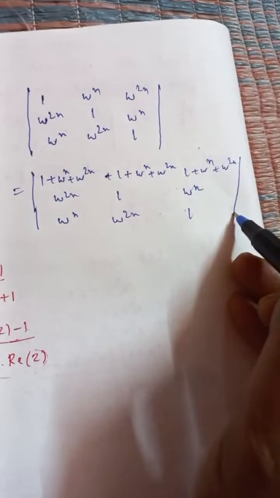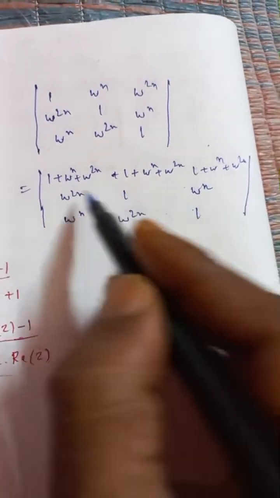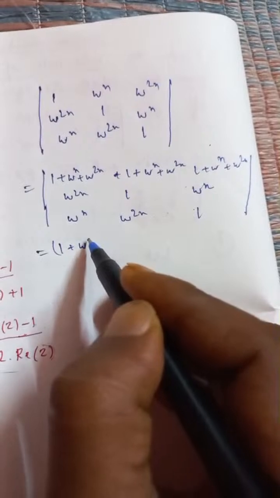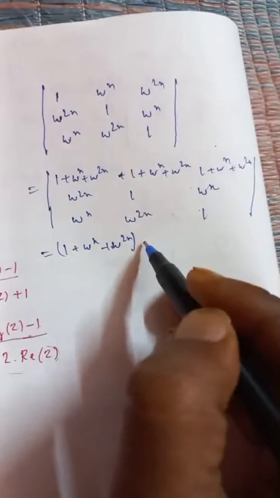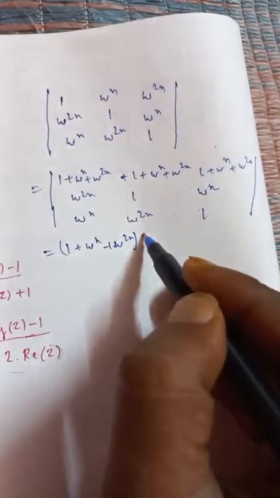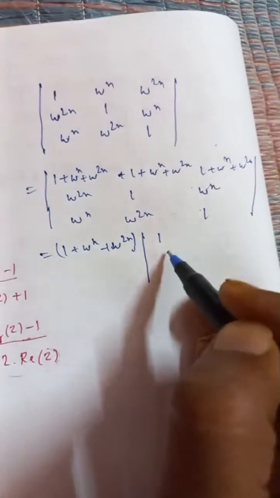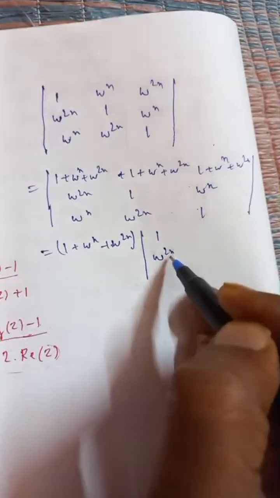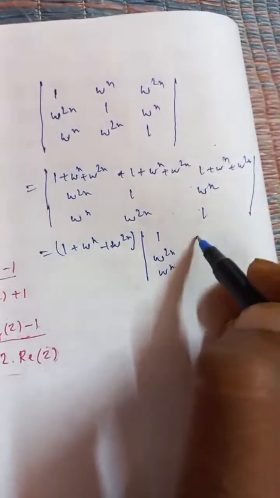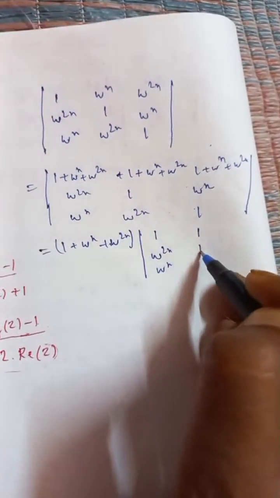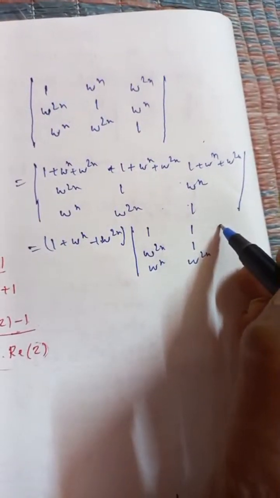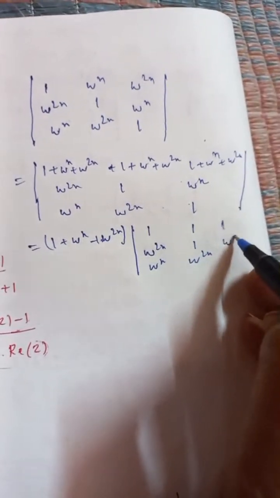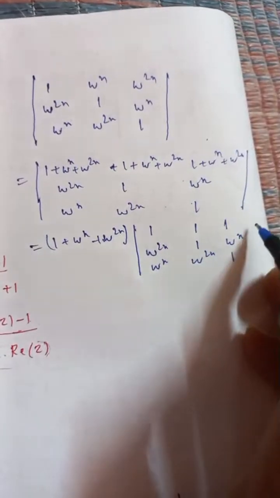And now to take common, this will be 1 plus omega to the power n plus omega to the power 2n, so we will have 1, omega to the power 2n, omega n; 1, 1, omega to the power 2n; and here it will be 1, omega n, and here it will be 1.